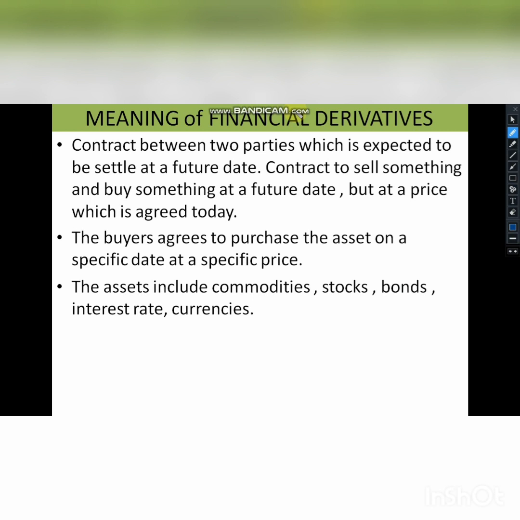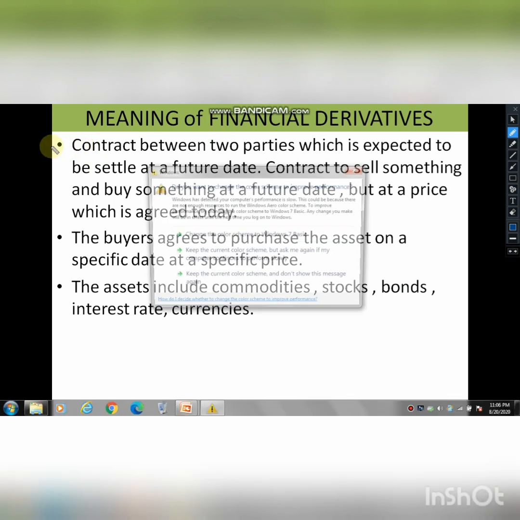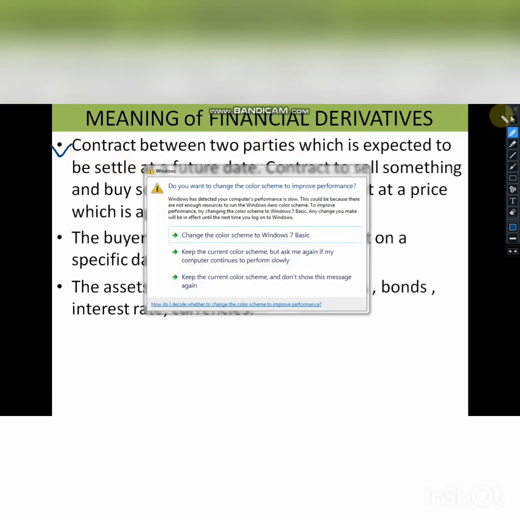What is the criteria or the process to get involved in derivatives or to invest in a derivative? Try to understand the very first point that we are going to discuss here.